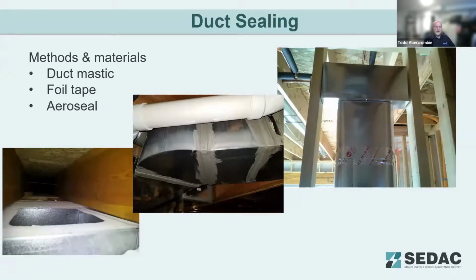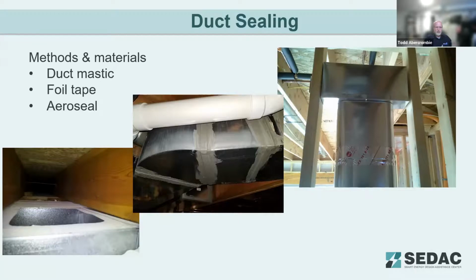But the nth degree, or the gold standard, for duct sealing is a product called AeroSeal. That's a company that comes in and actually does the duct sealing by injecting an aerosol mixture into the airstream, and it seals up gaps, I believe, up to like 5/16 of an inch. And as long as there's not catastrophic holes, by doing AeroSeal, you really shouldn't need tape or mastic.